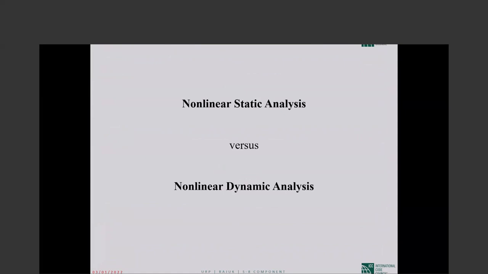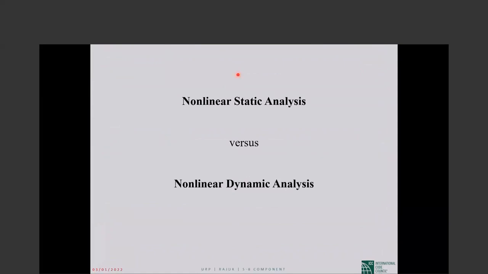We discuss the nonlinear, which the building codes are still relying on nonlinear static, which is strange.